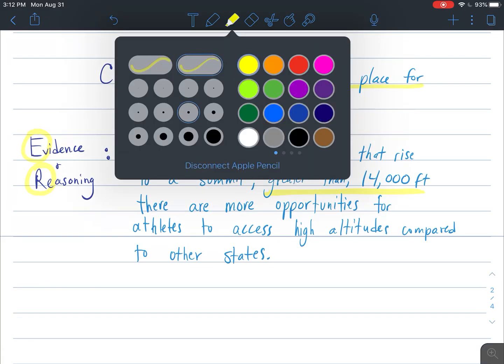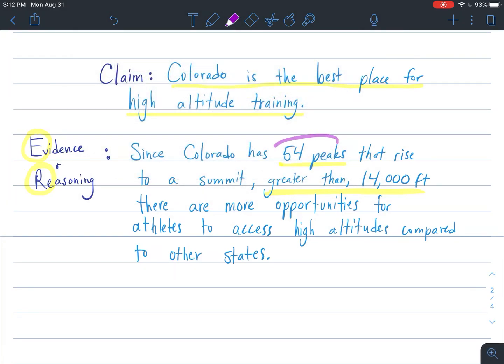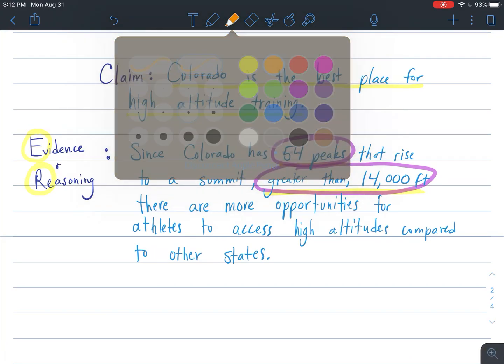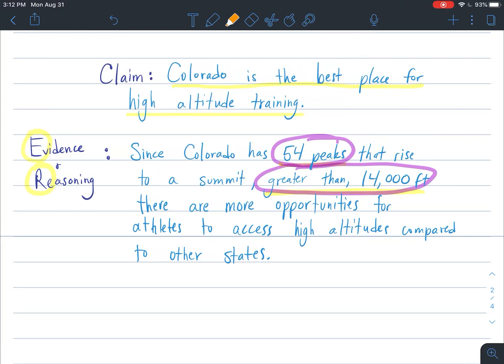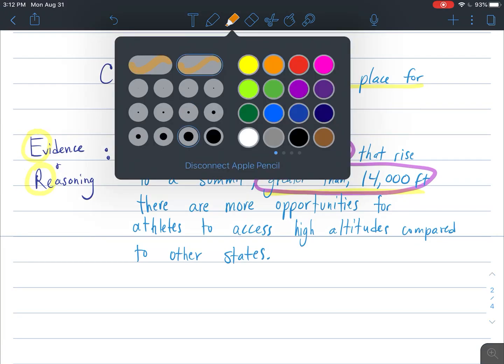So in this example, let's use a couple colors here. Here is my evidence. Here's my quantitative data. But in order to have this evidence make sense, I have to use some reasoning. So my reasoning is what makes my data make sense. So my reasoning is everything around what I used for my evidence.